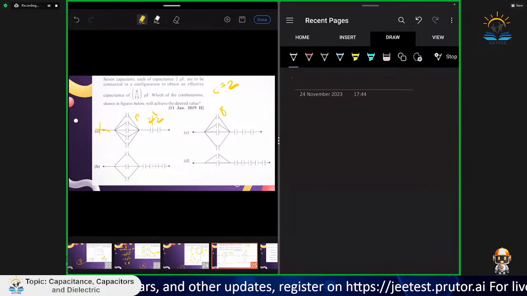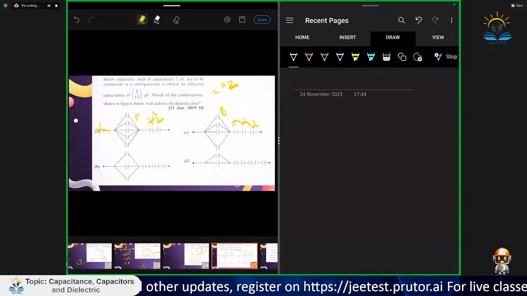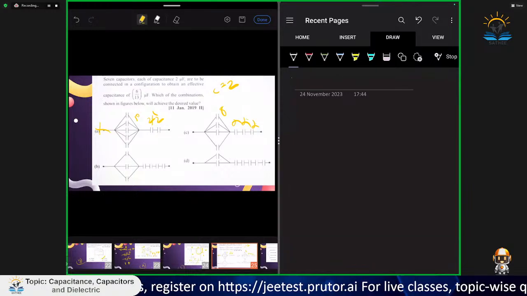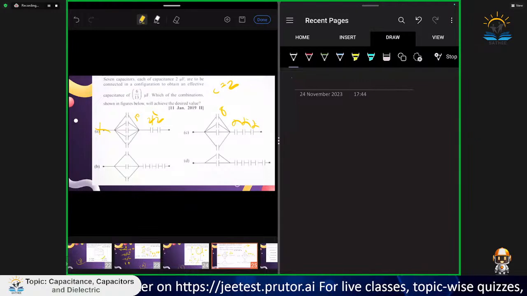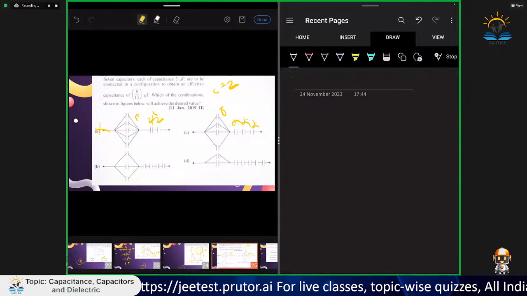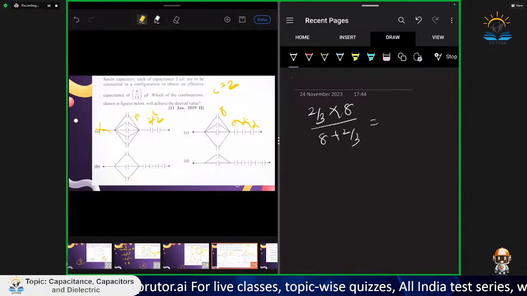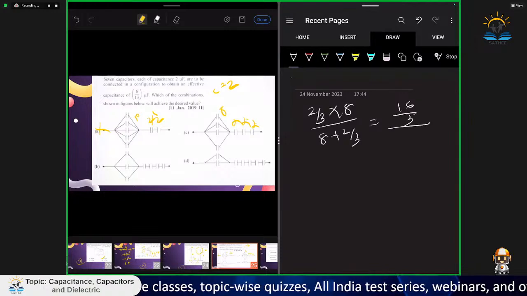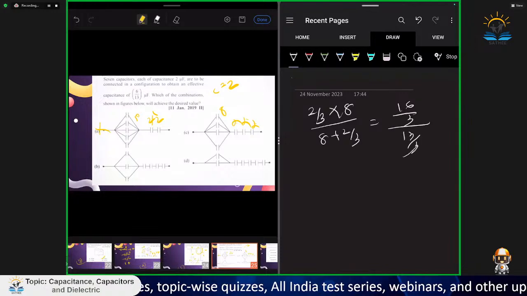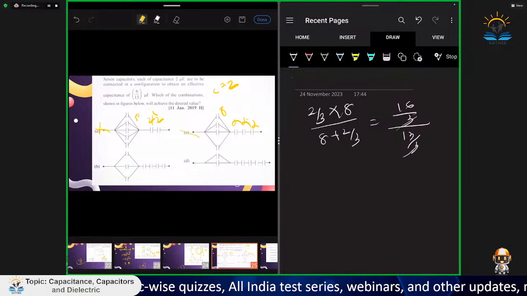Here, for 8, 8, 2, 2, 2. Right? 2, 2 in series, 1. 1, 2 in series, 1 into 2 by 3, that is 2 by 3. 2 by 3 into 8 upon 8 plus 2 by 3. It is 16 by 3 upon 26 by 3, 16 by 26. No, cut.